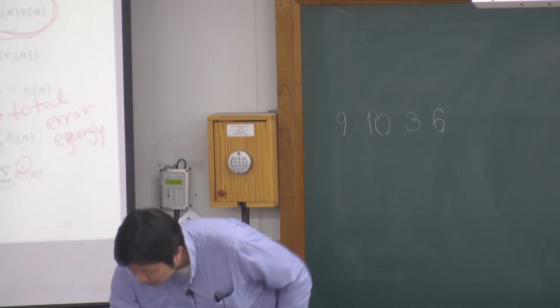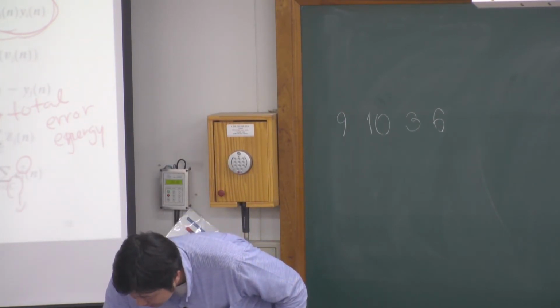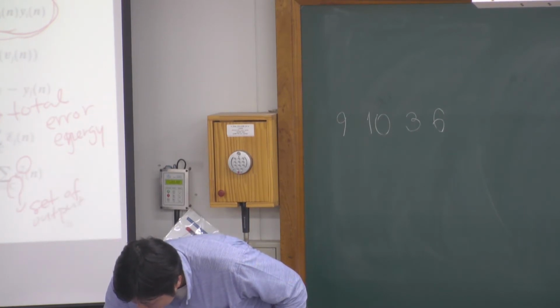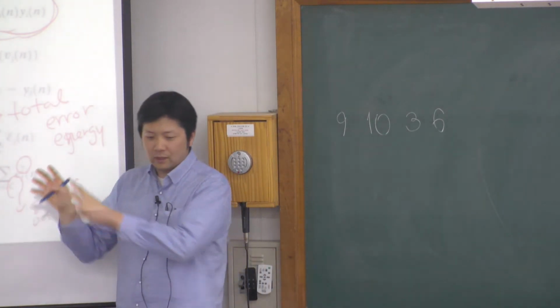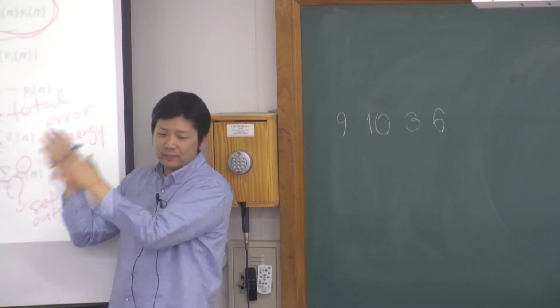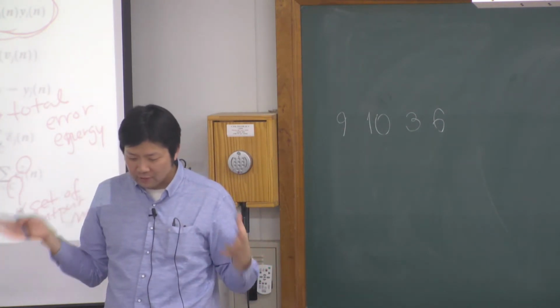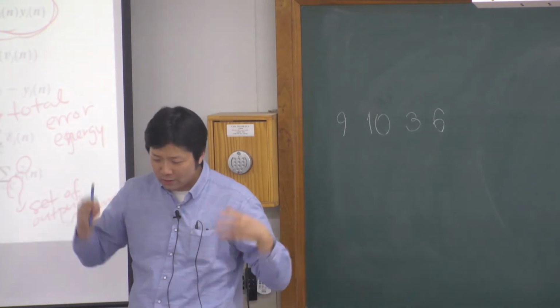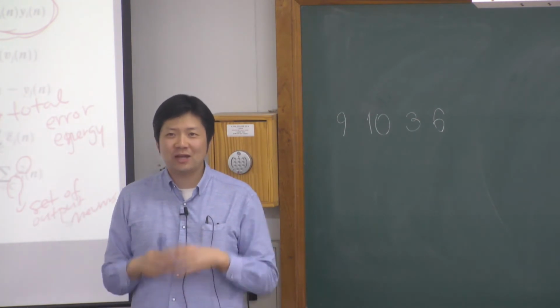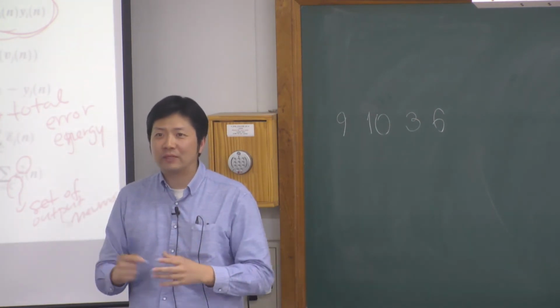In this case, C is the set of output neurons. So we multiply this error, add them up and divide by 2, and that's the total error energy, which is kind of our metric.